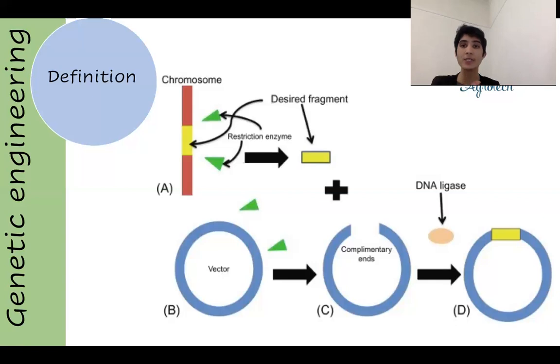That's why genetic engineering is important in any kind of science, like food science, agricultural science, pharmaceuticals, and maybe immunology.